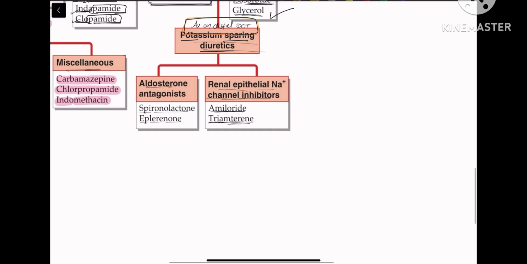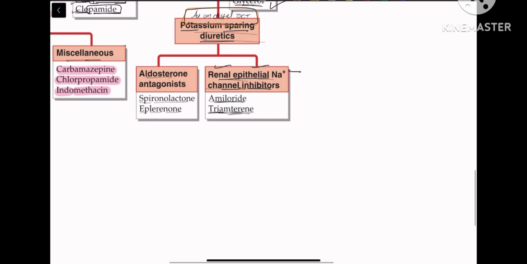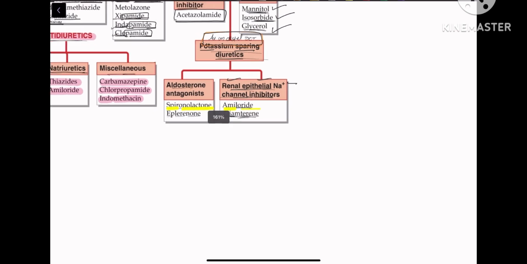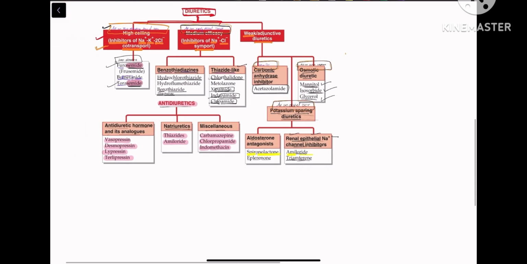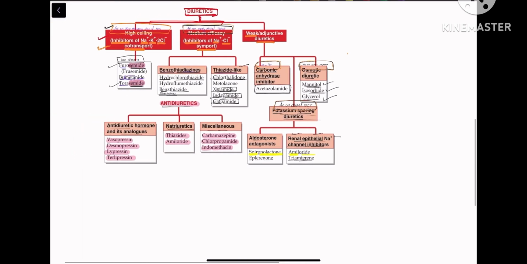These are divided according to how they act: renal epithelial sodium channel inhibitors and aldosterone receptor antagonists. The examples are spironolactone and amiloride. These are the whole classification of diuretics.